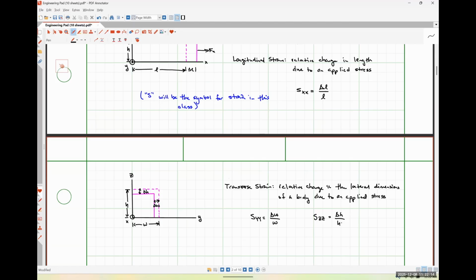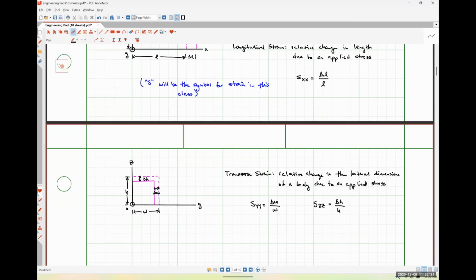So this relationship is mathematically described by what's called Poisson's ratio, okay?